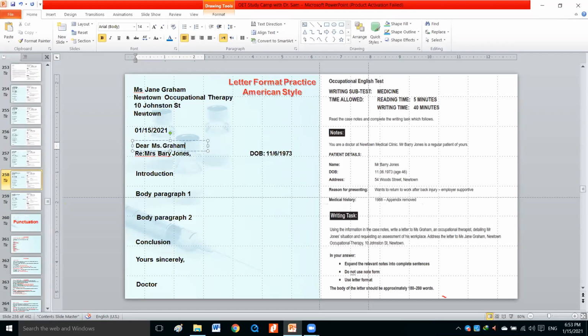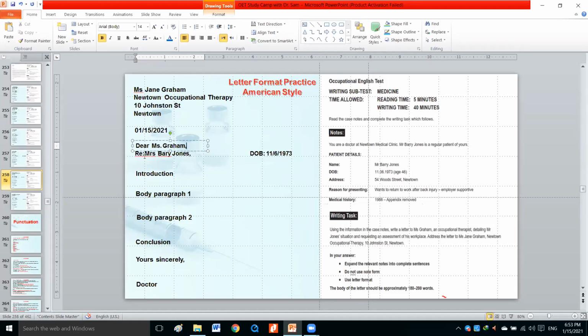Will you include a comma after the patient name, Graham, or not? Yes, because at the end we have Yours sincerely. Yes, okay. Because we wrote a comma in the closer here, so you will write a comma above, or the reverse. Yes. Okay.